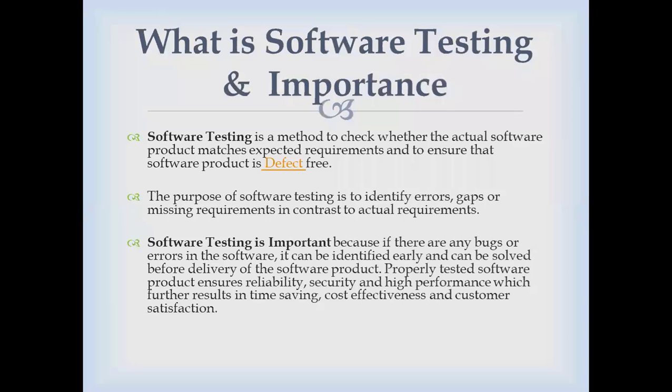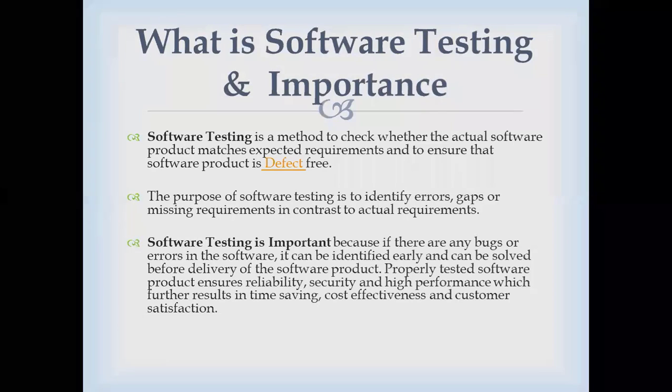Coming to the proper definition, software testing is the method of checking whether the actual software and the product match their expected requirements, to ensure bug-free delivery, so that our product is bug free or defect free. The purpose of testing is to identify errors, gaps or missing requirements so we reach the actual requirement.